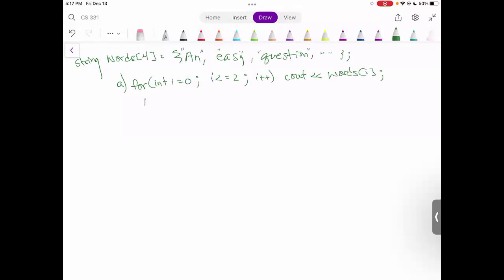And really all this prints out is an easy question. But no space in between them. Really? But the quotation marks. Oh, no, they do have a space. Sorry, I didn't put the space. You're right. There's a space here.